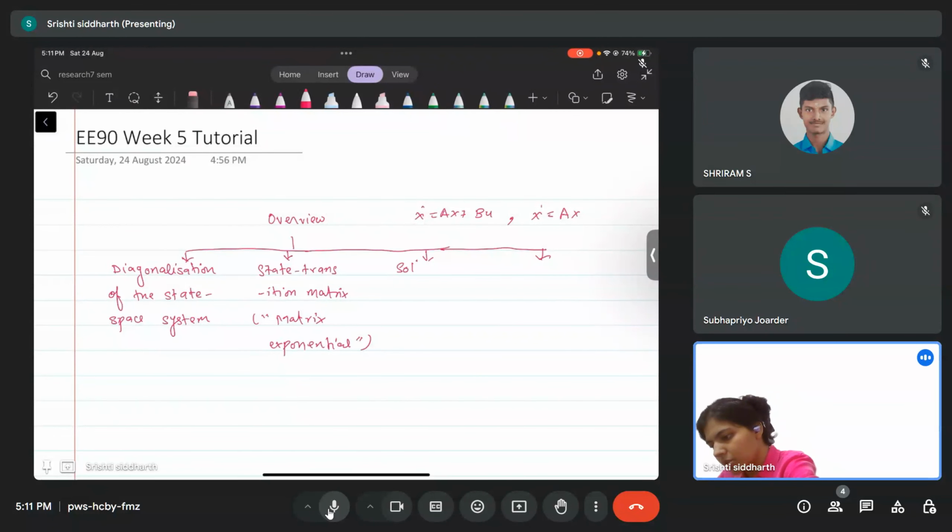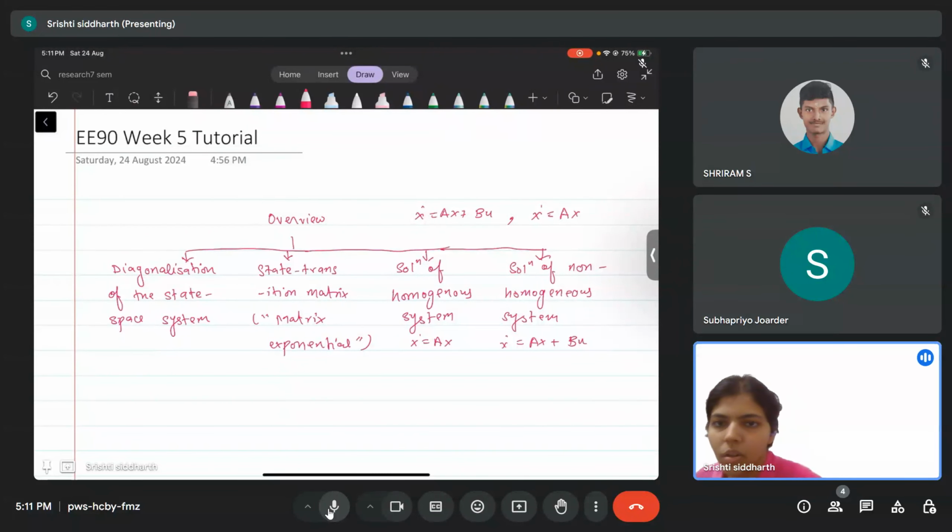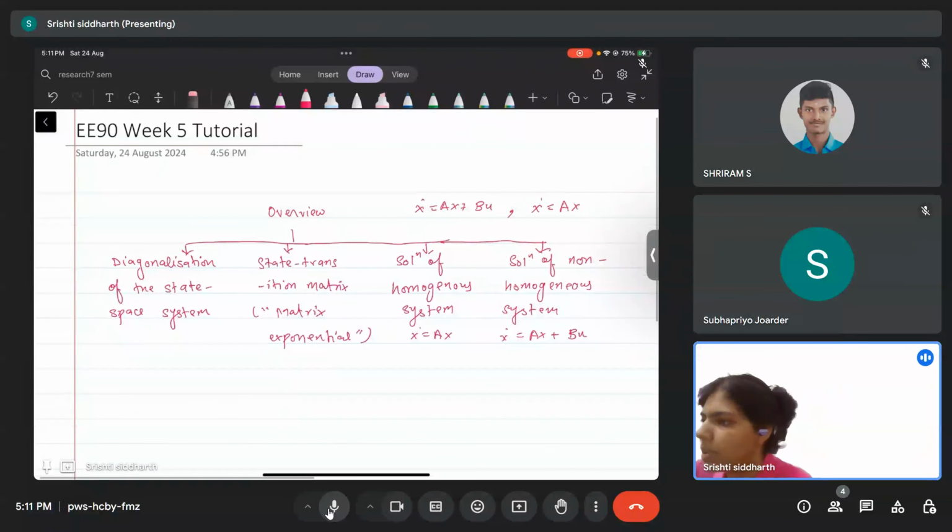So first we have the solution of the homogeneous state space system, and then finally we have the solution of the non-homogeneous system, which is the most general case, x dot equals Ax plus Bu. Alright, so let's begin with the first one.